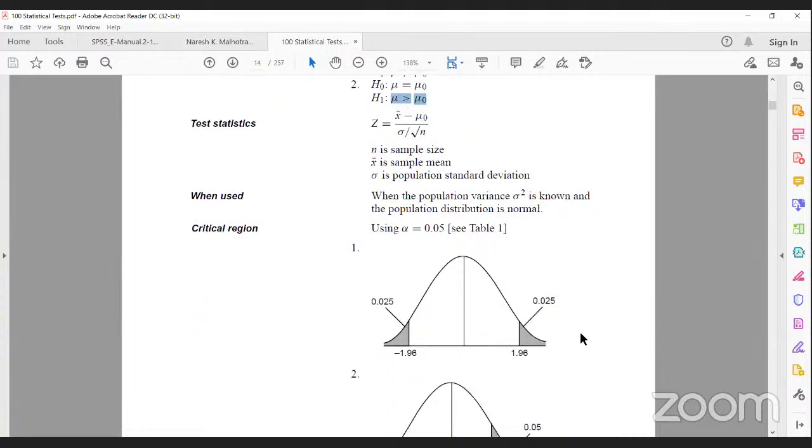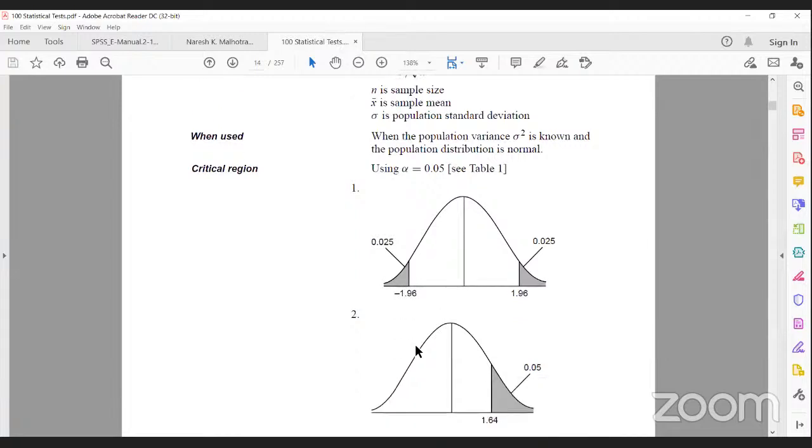And you see what I told you about the normal distribution: it has the edges, the tails.